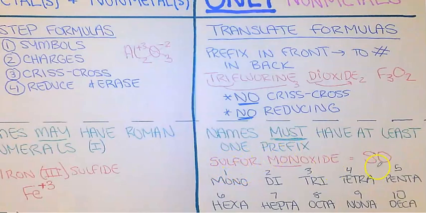So if the first one doesn't have a subscript, we're not going to call it mono sulfur monoxide, just like for carbon monoxide. We don't put the mono for the first one, okay? But most of them will have two. So like the one up here, trifluorine dioxide. So the only exception is if there's only one in the front. And then I listed out the prefixes. And I very highly recommend making a foldable of your own just because it is very, very handy to have that.